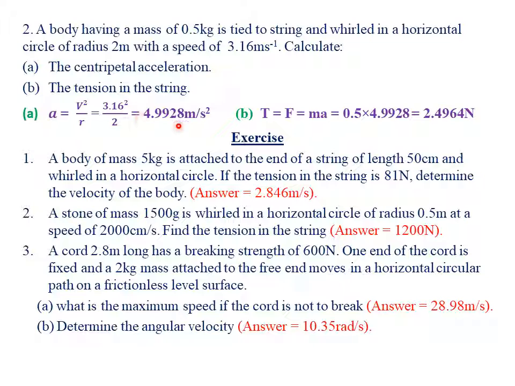We have just computed it as 4.9928 meters per second squared. Therefore, 0.5 times 4.9928 meters per second squared will simply obtain the tension or the resultant external force being equal to 2.4964 Newton.